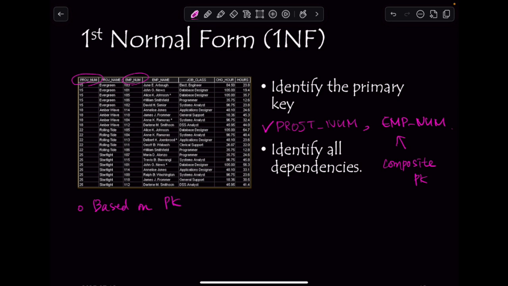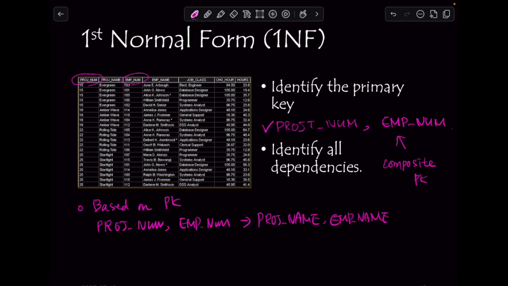On the left side, we can put project number and the employee number together. And on the right side, we can determine everything else: project name and employee name and job class and charge hour and lastly hours.